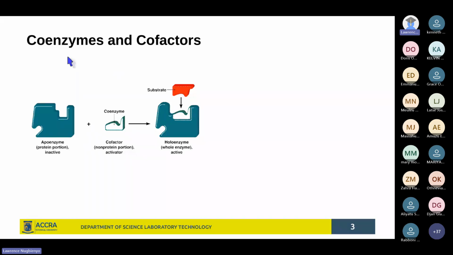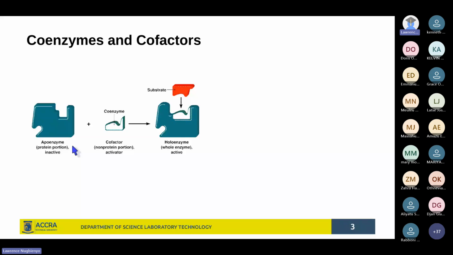And they are the non-protein part of the enzyme, which is needed in order to make an enzyme active. So we have the protein part of the enzyme we refer to as an apoenzyme. I think we looked at it when we were looking at the terminologies right after the introduction to enzymes.